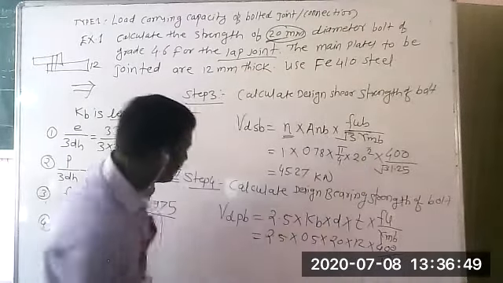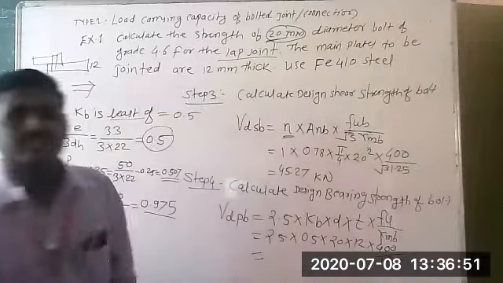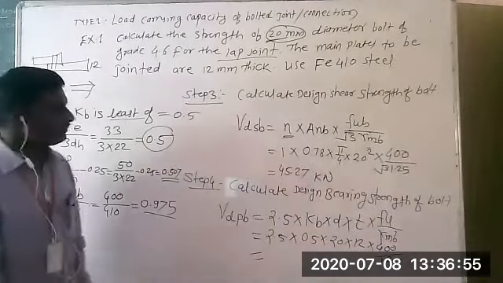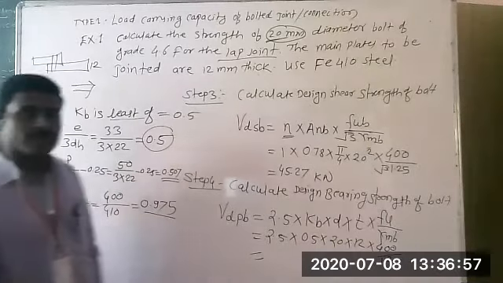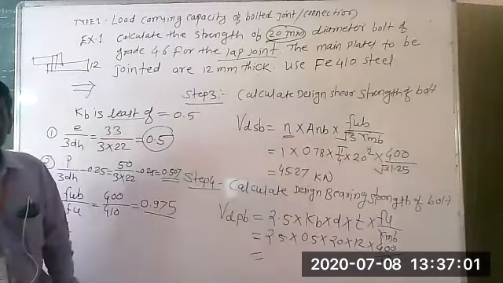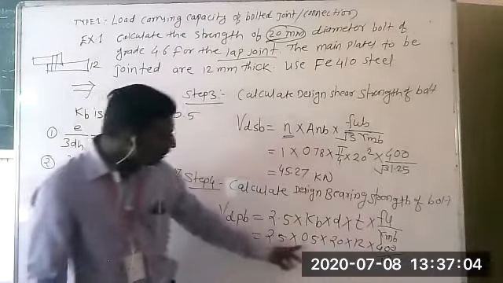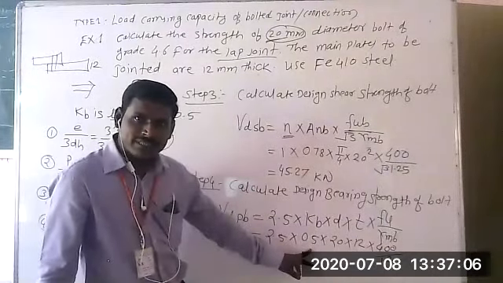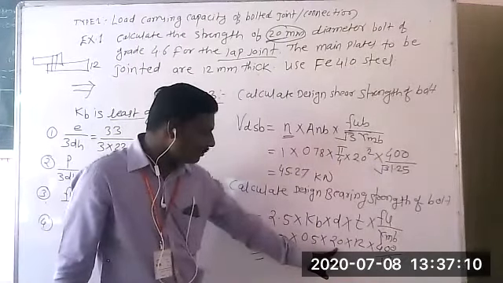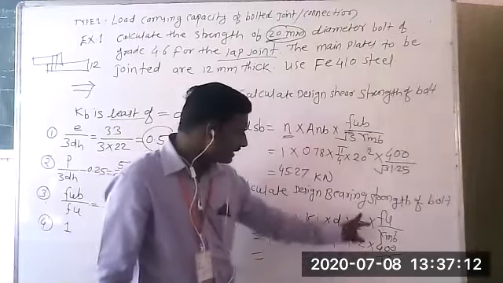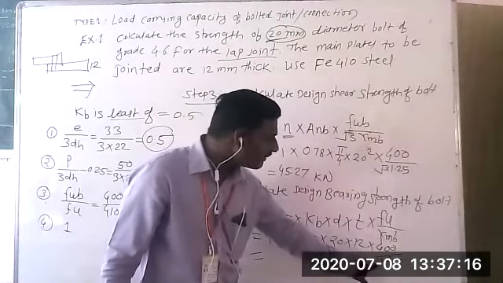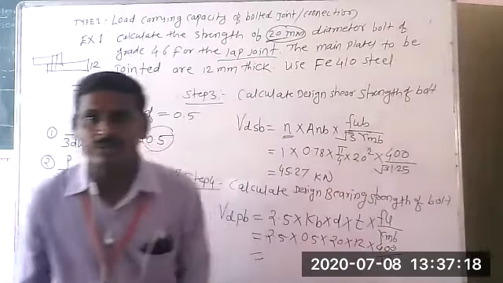Now calculate the design bearing strength of the bolt. 2.5 into KB, which is 0.5, then the diameter of the bolt is 20, the thickness of the plate is 12, and FU is 400 divided by 1.25.